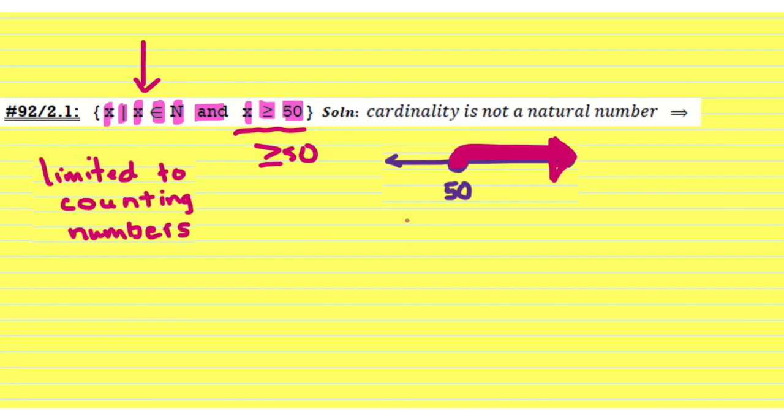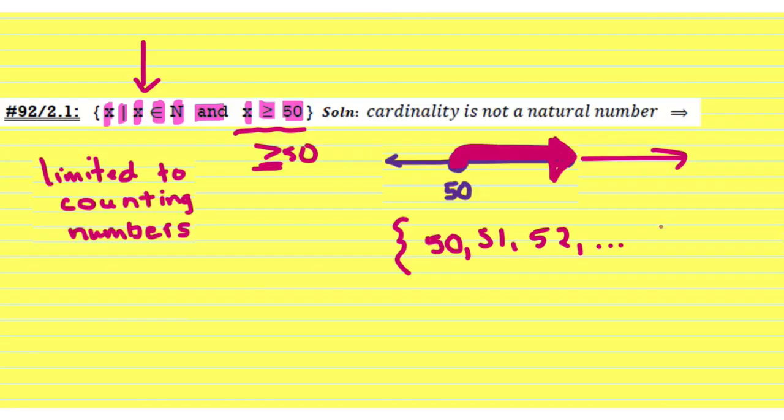So another way to write that would be with the braces. And we could start with the 50 because 50 is included. It is equal to the 50. So 50 and 51 and 52. And then we could go ahead and just put dot, dot, dot to represent the fact that this is going on forever and we do not know where it is going to end.